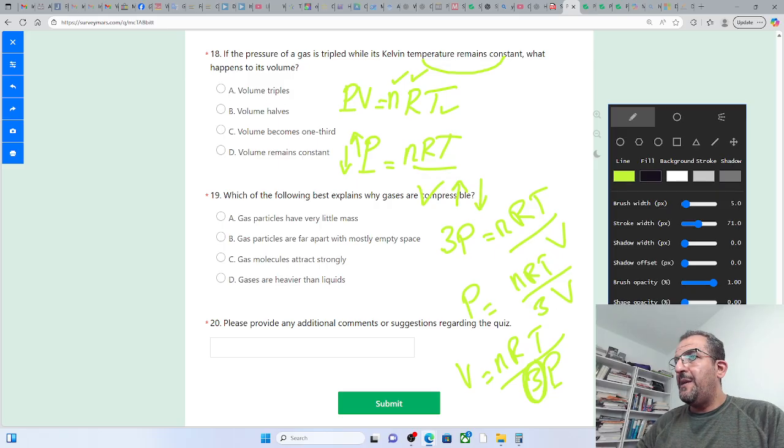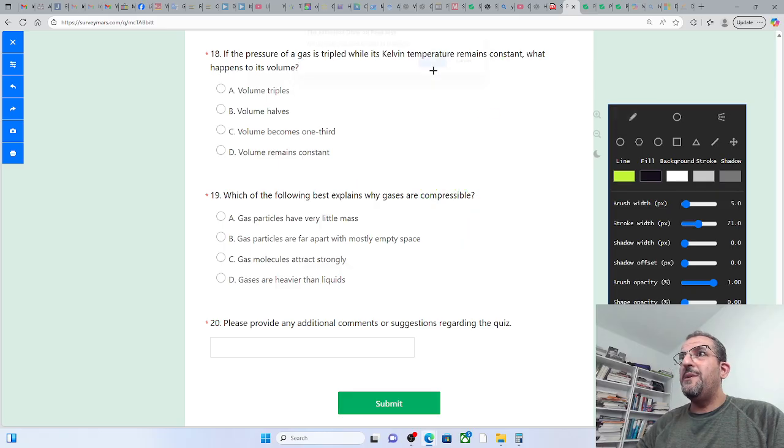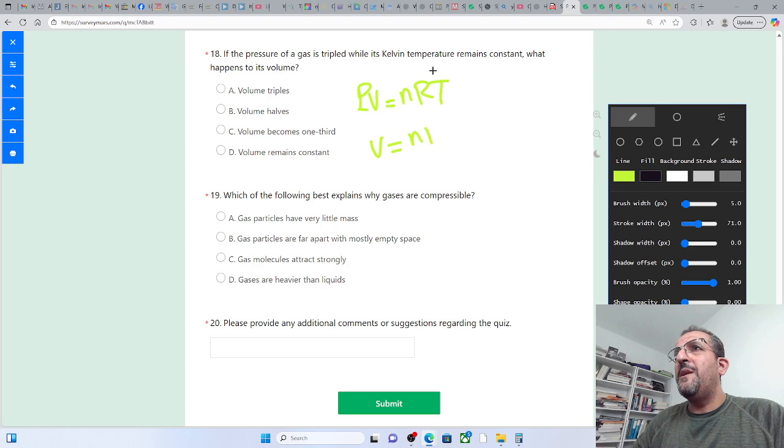And also I can erase the whole thing here and show the equation for you. So we have PV is equal to nRT, and from here we have volume is equal to nRT divided by pressure, and then if I multiply the pressure by 3, that's going to give me volume is equal to 1/3 times nRT divided by pressure.